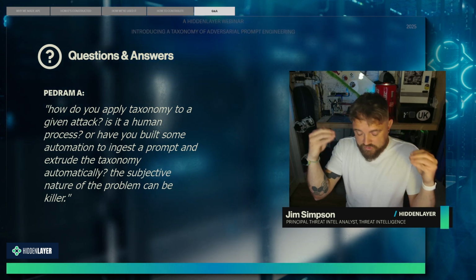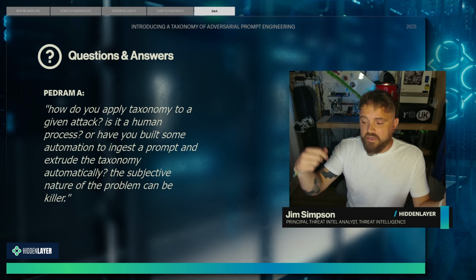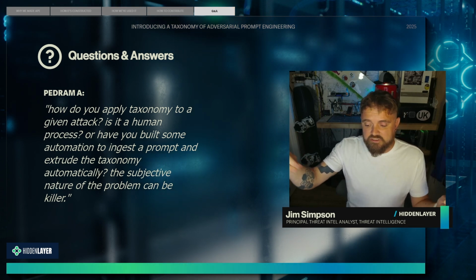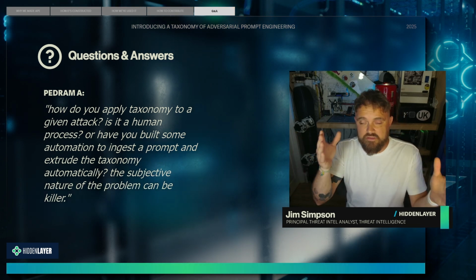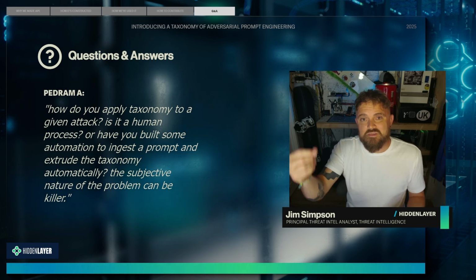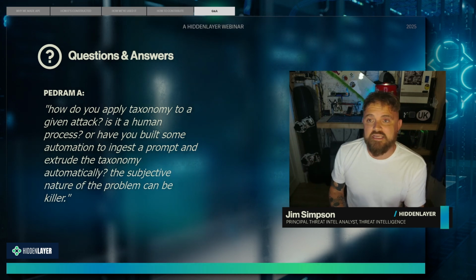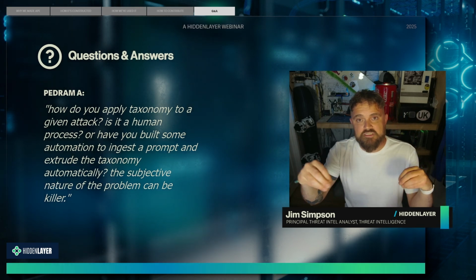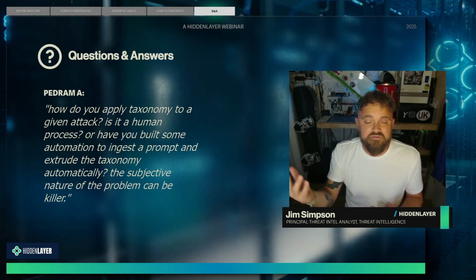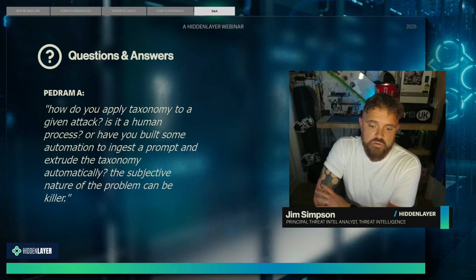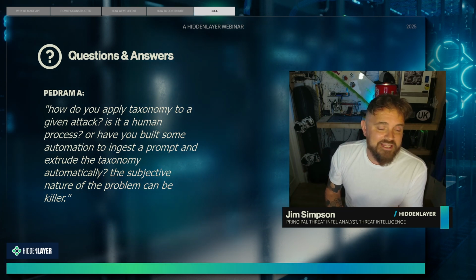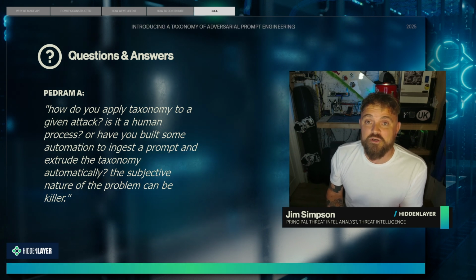Look at a prompt, this is how I'd go about it, and we have discussions on the team. Someone else might have different ideas, then we have this way in which we're going to make sure we're being consistent over time, like catch back up again, just to make sure we're still on the same path, to see if anything's wandering off, and again, to feed back into the taxonomy. But yeah, it can be a killer for sure.